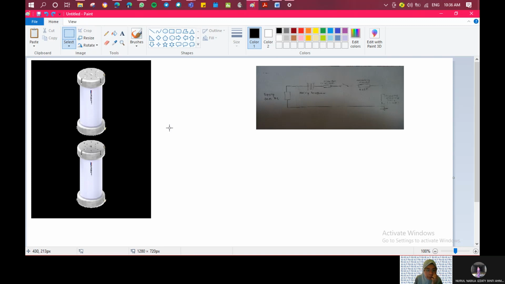So, okay. So this is a transformer symbol.